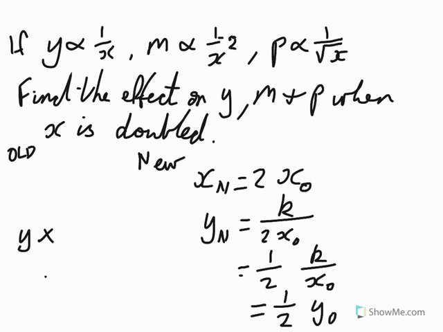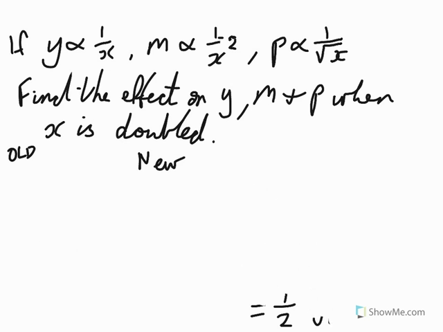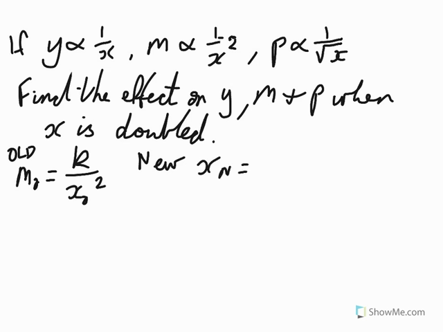Okay, so if we get rid of that and look at m now, so m old is equal to k over x old squared. So x new is equal to 2x old. So m new, the new m value, is k over x new squared.